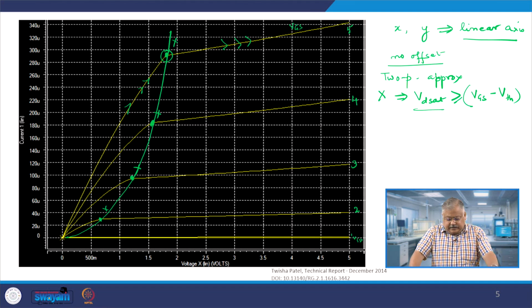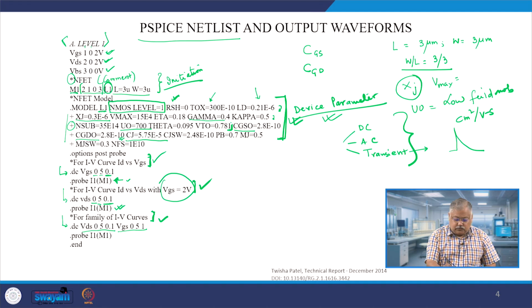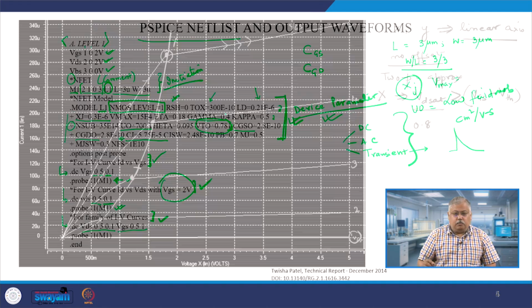But interestingly, for VGS equals 0 and 1 volts, remember the threshold voltage was approximately 0.8 volts. I will show it to you from the previous file. This is the threshold voltage value, almost 0.8.